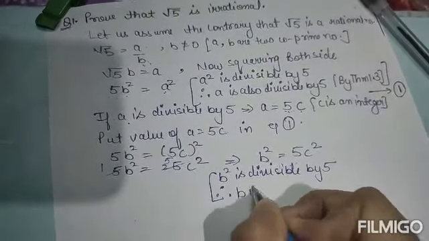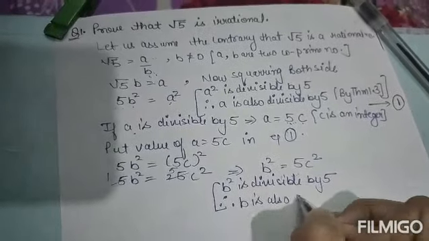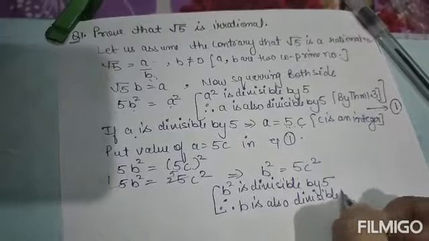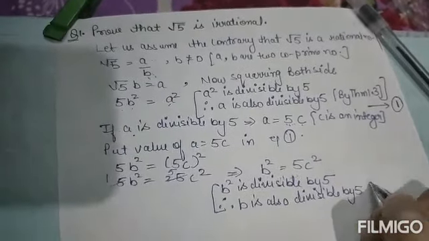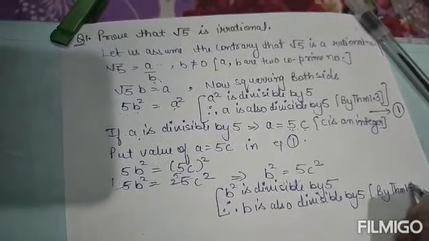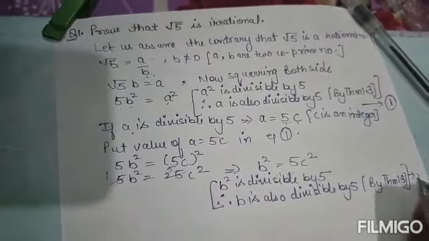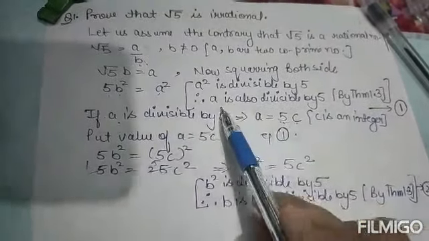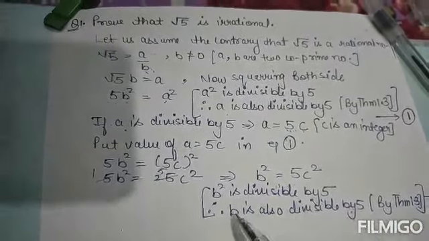Therefore, b is also divisible by 5 by the same theorem 1.3. Name it equation 2. Now look, 5 is also dividing a and 5 is also dividing b.